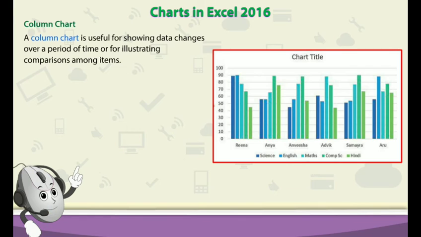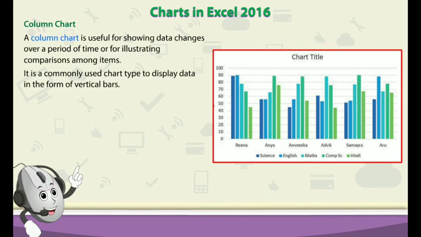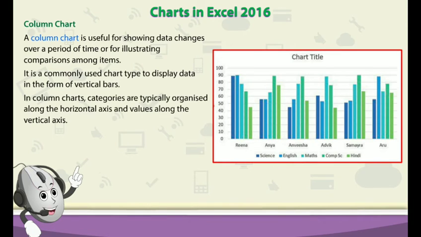Column chart. Here you can see we have columns. A column chart is useful for showing data changes over a period of time and for illustrating comparison among items. It is a commonly used chart type to display the data in the form of vertical bars.